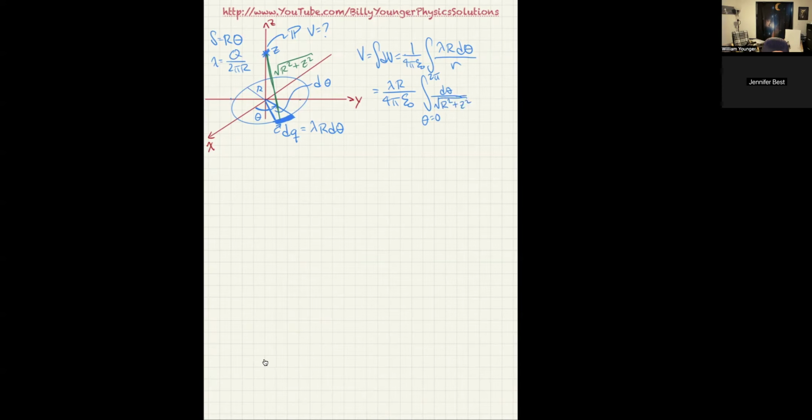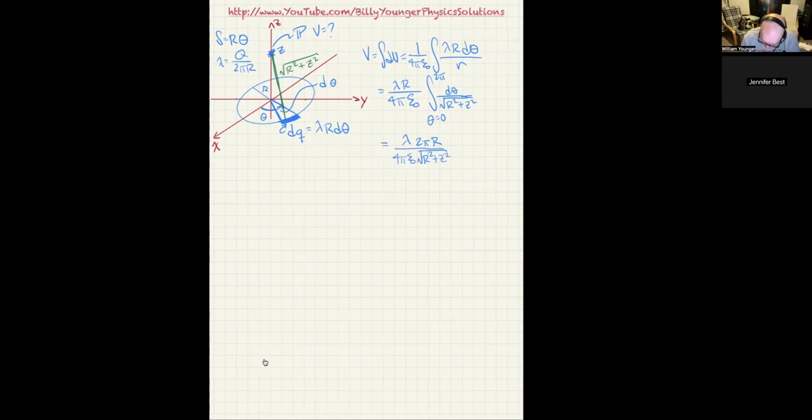Notice that the integral does not depend at all on theta, so we can pull the square root out as well. What we're going to get is lambda times 2 pi R, since the R was already there and the integral from 0 to 2 pi of d theta is just 2 pi. Under it, we have 4 pi epsilon naught times the square root of R squared plus z squared, and that is the potential.